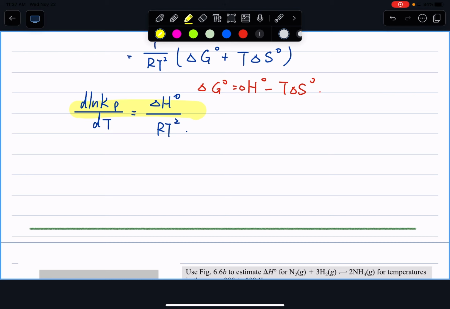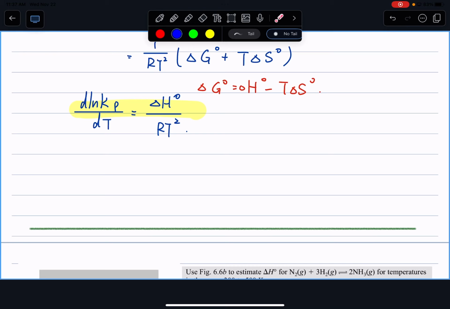With this in hand, what we want is a way to actually plot this relationship so we can find out what our delta H is. Remember the whole point of having that equilibrium constant: by monitoring how the reaction goes, you build a link between what your reaction equilibrium mixture looks like and some thermodynamic state functions.